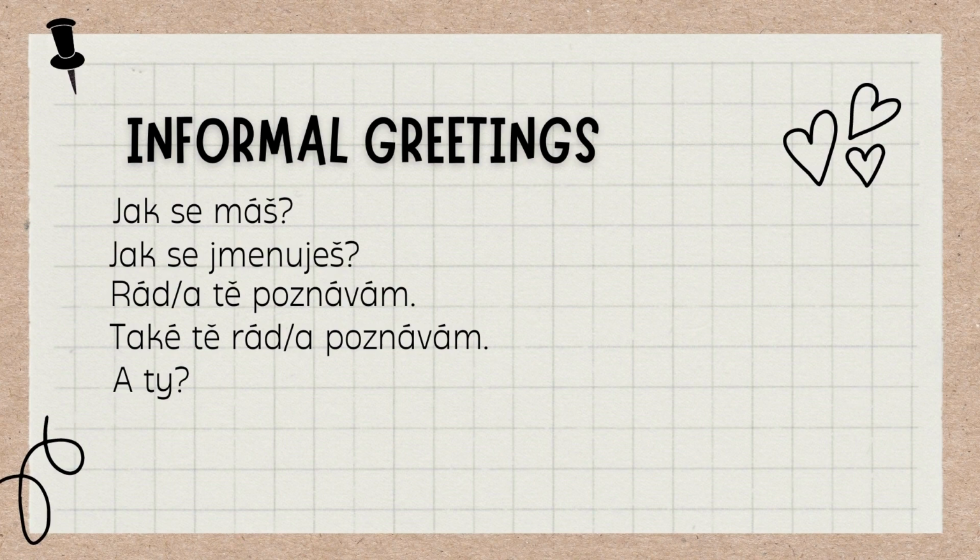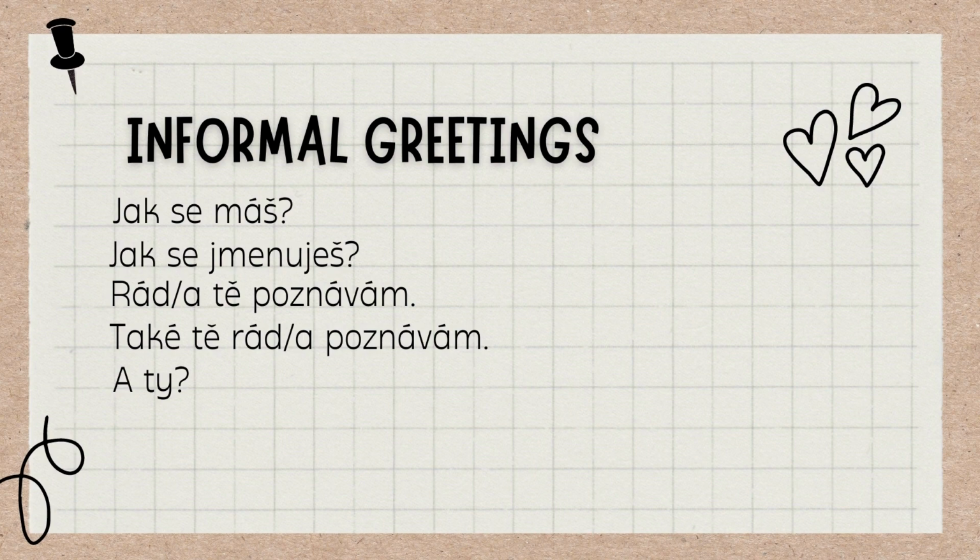Jak se jmenuješ, meaning what's your name. Ráda tě poznávám, which means it's nice to meet you. Také tě rád poznávám, means nice to meet you too. A ty? That means and you.